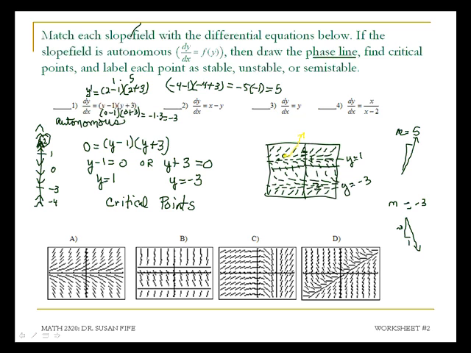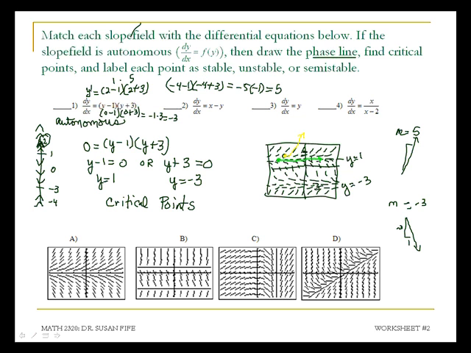If I start right on one of my critical values, anywhere on the critical values, then my line may go straight across, but you have these forces right above and these forces right below that are pulling you in those directions.